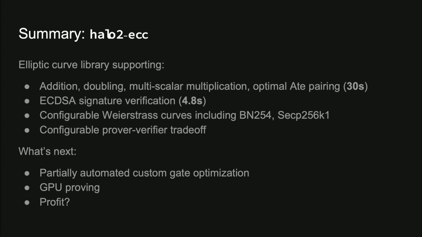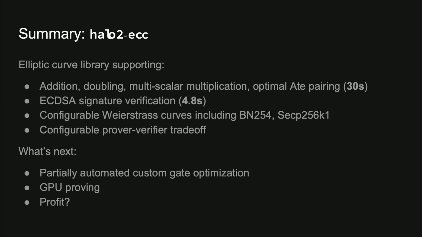OK, so in summary, our library supports some of the basic elliptic curve operations. We can do pairing in 30 seconds right now, ECDSA signature verification in a little bit under 5 seconds right now, and we can do this configurable prover-verifier trade-off. This library is under active development, so we're in the process of adding some partial automation for introducing custom gates.